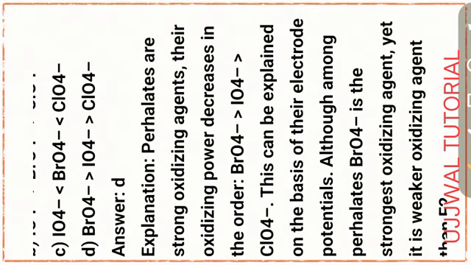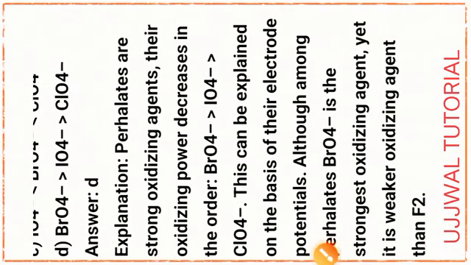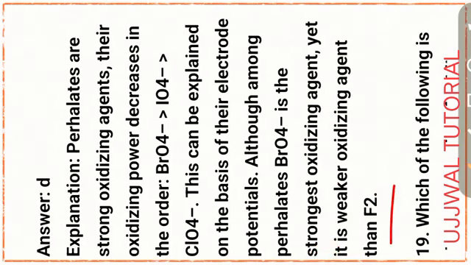Their oxidizing power decreases in order BrO4 minus greater than IO4 minus greater than ClO4 minus. Thus, this can be explained on the basis of their electrode potential. Okay, although among the perhalates, BrO4 minus is the strongest oxidizing agent, yet it is a weaker oxidizing agent than F2.